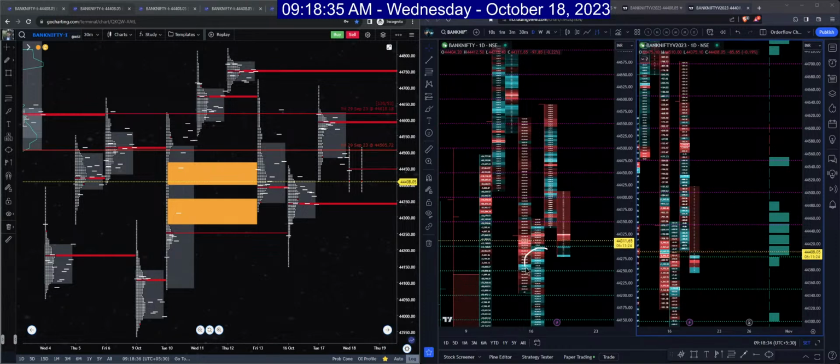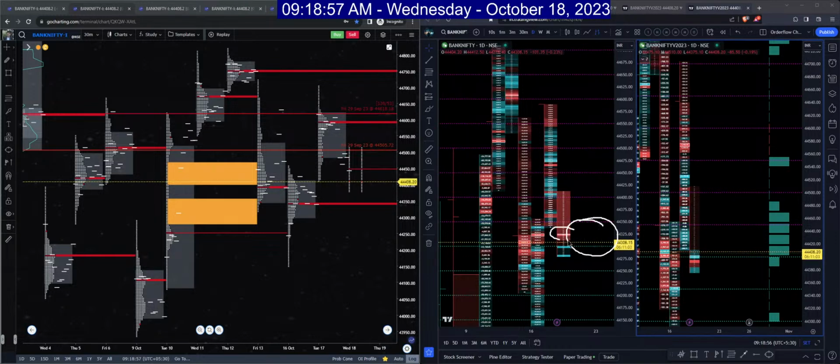If you see here, I'm seeing some price stability at 44,300, and this is also the zone where we had trapped sellers, where I was looking for some responsive buying. Now overhead we have some supply, so I'm expecting the auction to spend some time in this 50-point range.